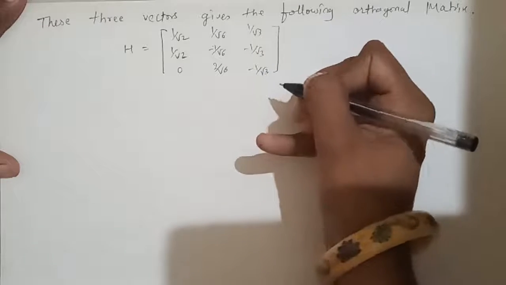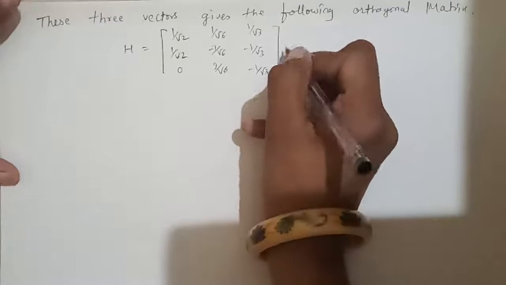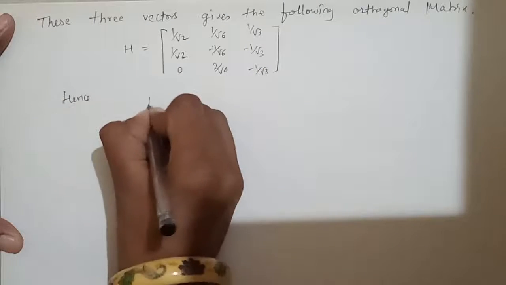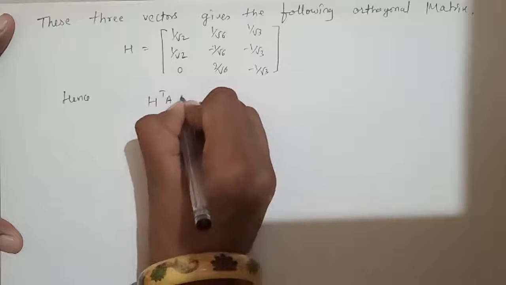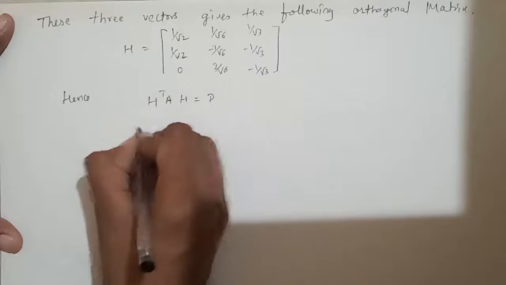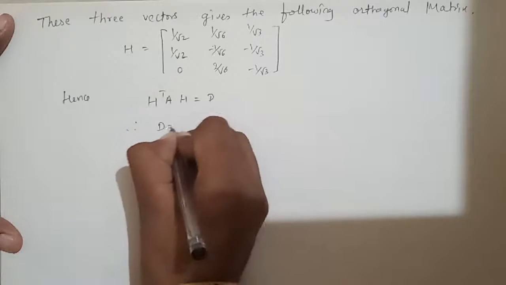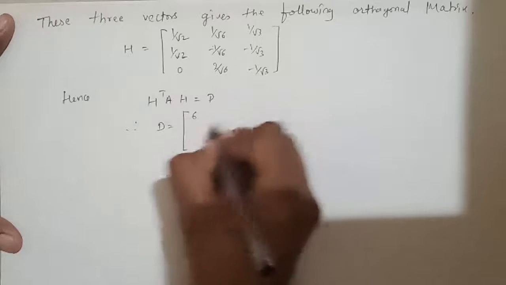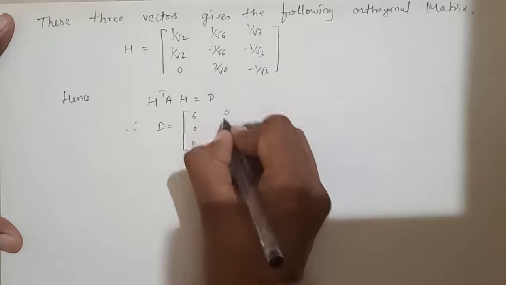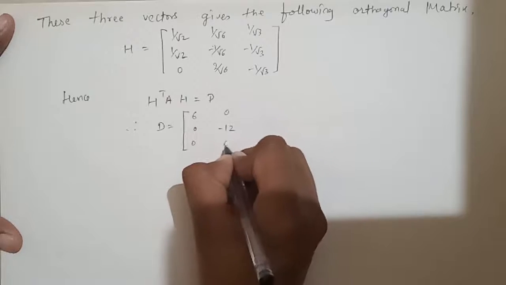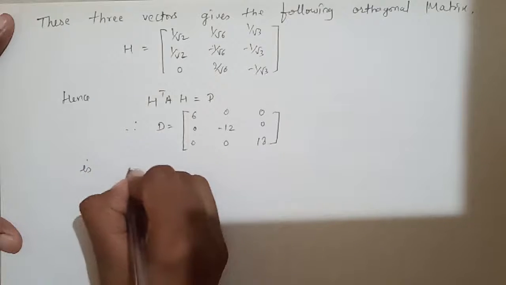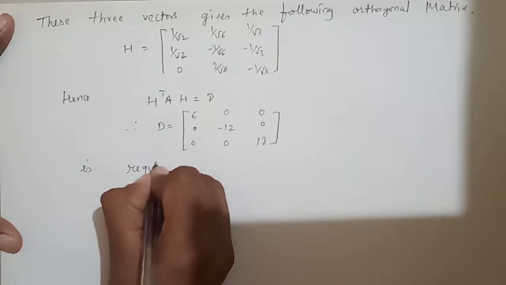So normalized eigenvectors will give an orthogonal matrix. Hence we have H transpose AH is equal to D, a diagonal matrix whose diagonal elements are the corresponding eigenvalues: 6, minus 12, 18. So this is our required diagonal matrix.